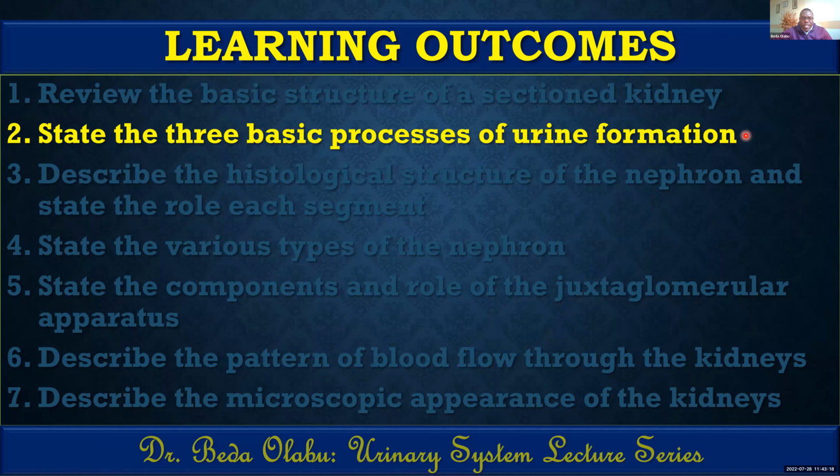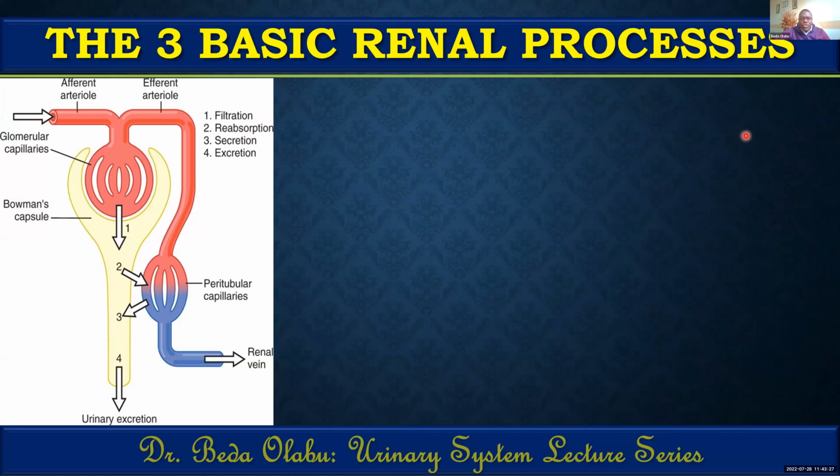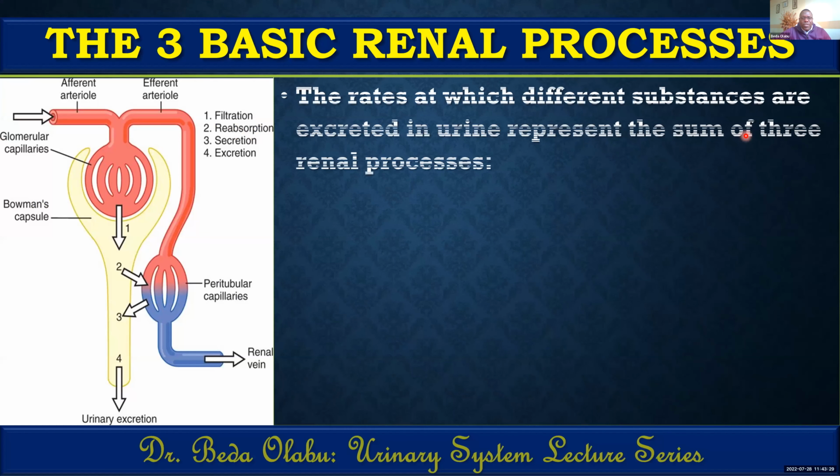Let's remind ourselves then about the three basic renal processes. These are the mechanisms that underlie the formation of urine. The rate at which different substances are excreted in urine represents the sum of these three processes, whether it's water or minerals or metabolic wastes, whatever is being eliminated through urine.